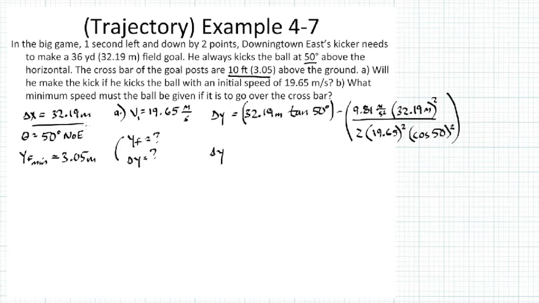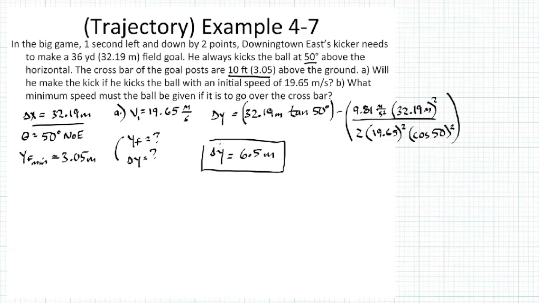And if you key that in, and you're going to have to get used to putting brackets in to separate out all your expressions, we're going to find that our delta y, or our y displacement, is 6.5 meters. So hooray, our Downingtown kicker makes a field goal. He makes it quite handily. He's got about twice the height that he needs to cross the crossbar.